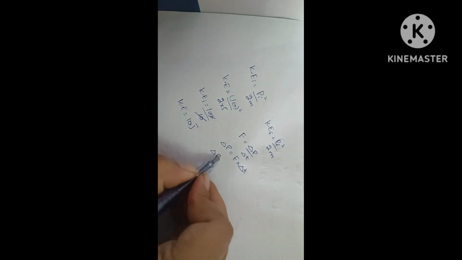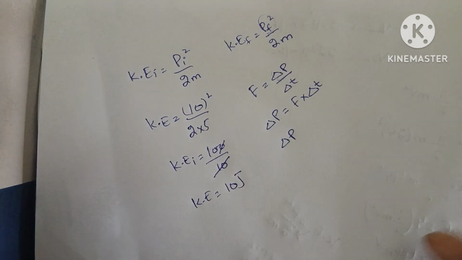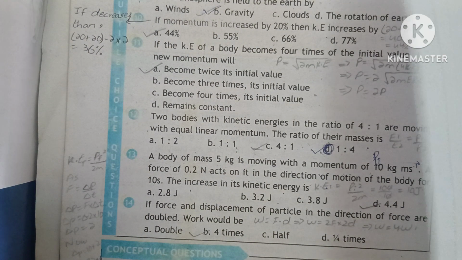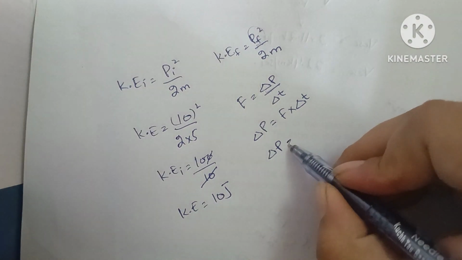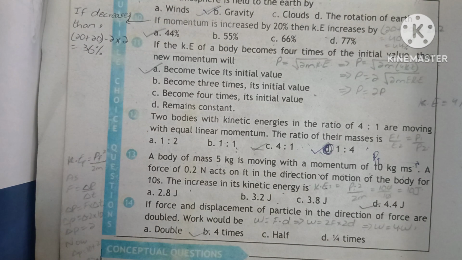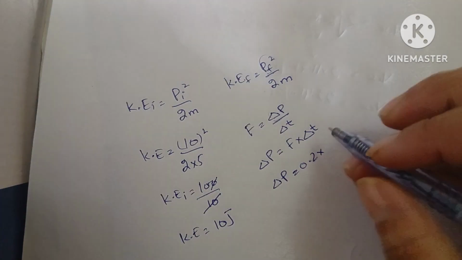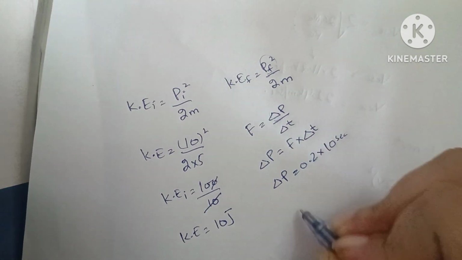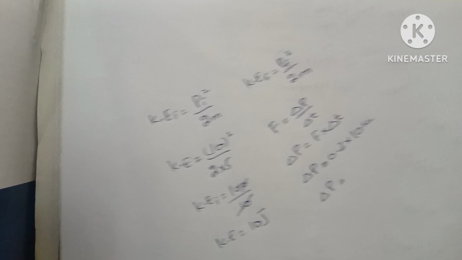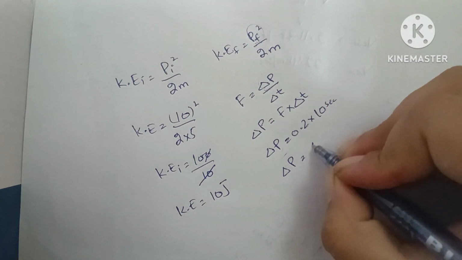Force is given as 0.2 Newton, multiplied by time, which is 10 seconds. When we multiply 0.2 with 10, we get 2.